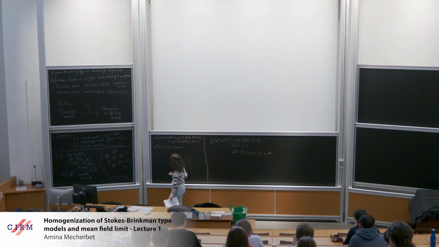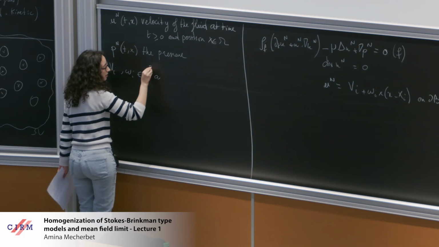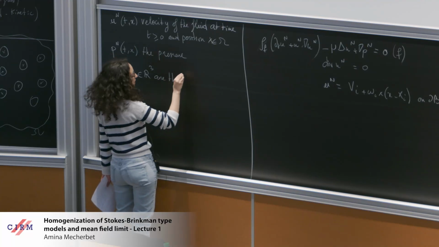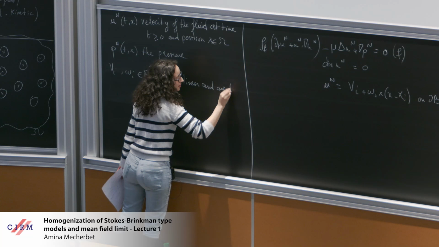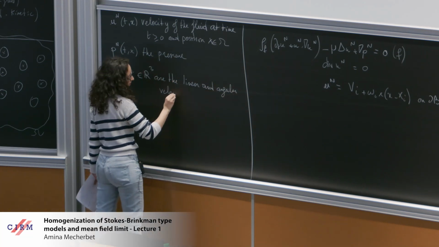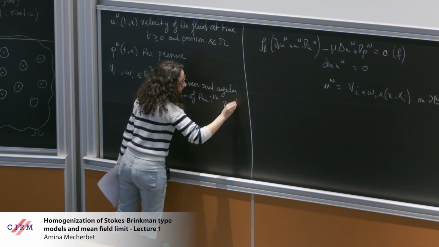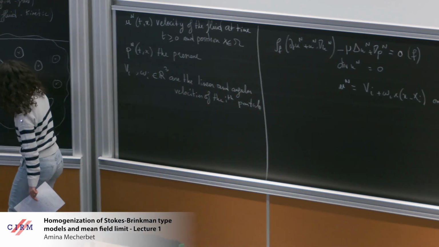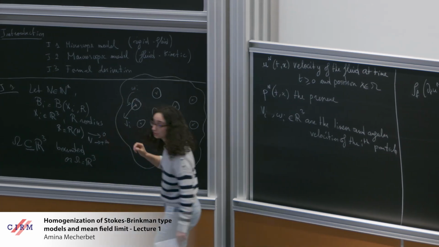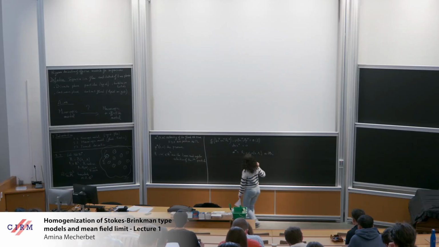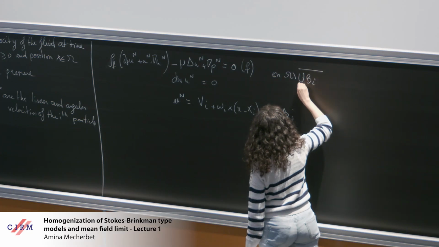Vi and omega i are the linear and angular velocities of the ith particle. So each one translates with some velocity and rotates. This takes place on omega minus the union of the closed balls.